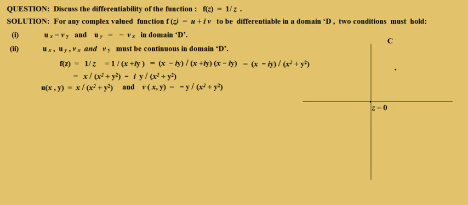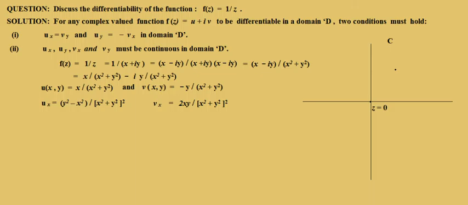Now we will differentiate u and v partially with respect to x and y. The partial differentiation of u with respect to x, ux = (y² - x²)/(x² + y²)², and the partial differentiation of v with respect to x, that is vx, is equal to 2xy/(x² + y²)².